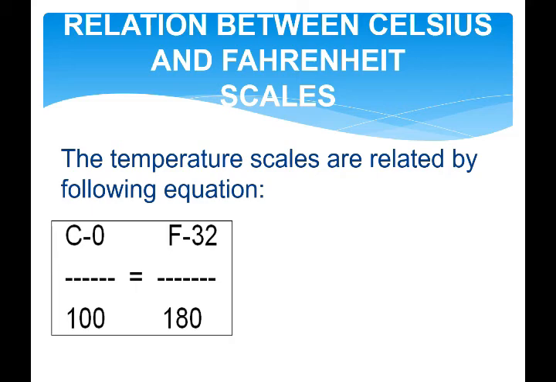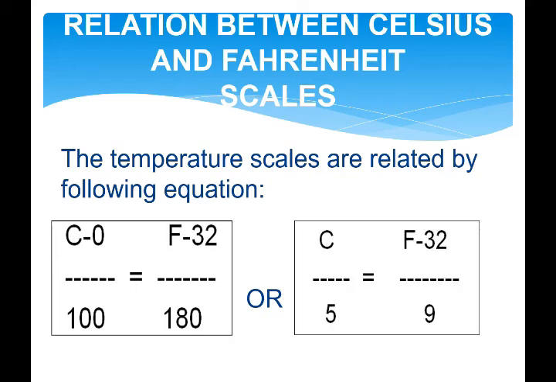The difference between lower and upper fixed point in Celsius is 100 degrees, while in Fahrenheit it is 180 degrees. Or we can say that C/5 is equal to (F - 32)/9. We get this equation by dividing 100 and 180 by 20.